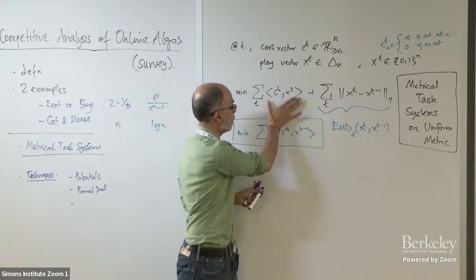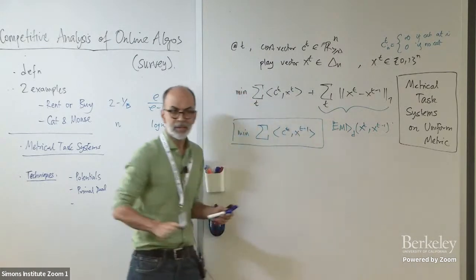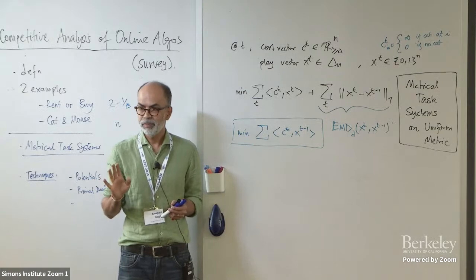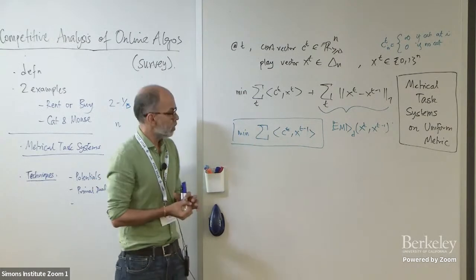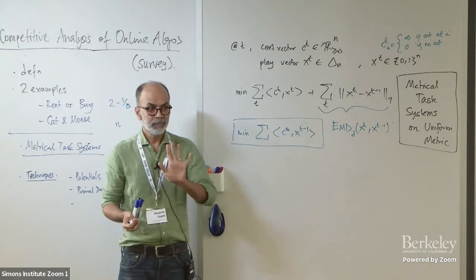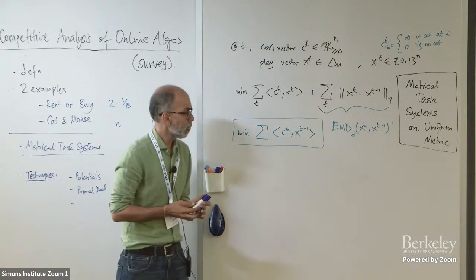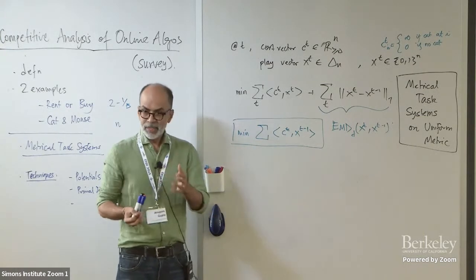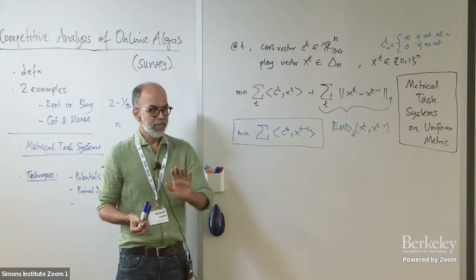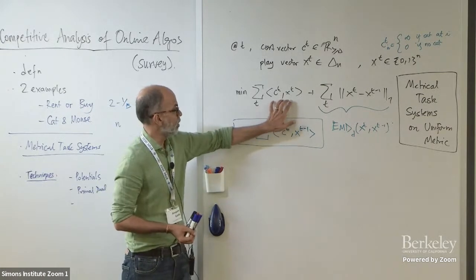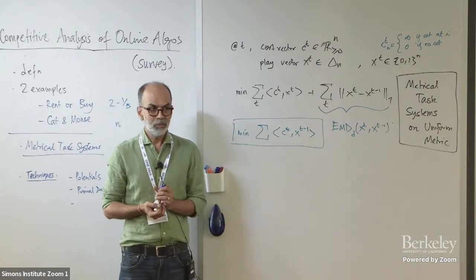And then this becomes the general metrical task systems problem. It's a very powerful abstraction. And the ideas that we gave, suitably generalized, will give algorithms for metrical task systems as well.